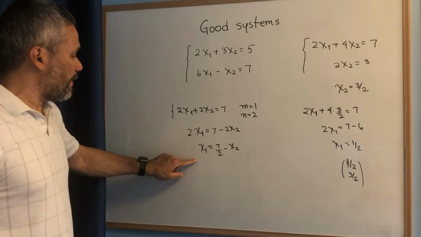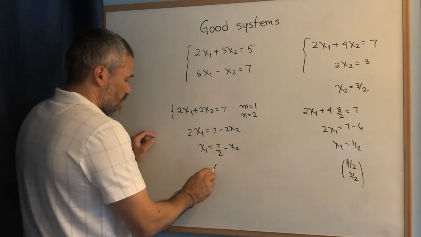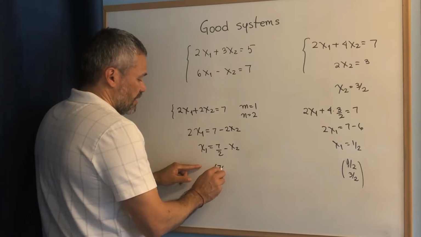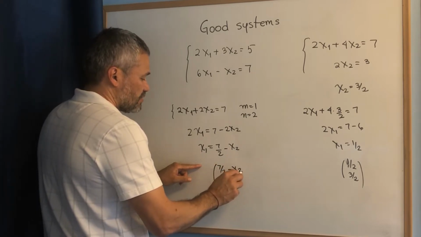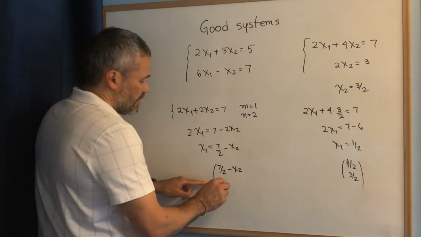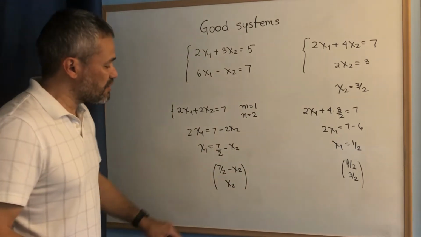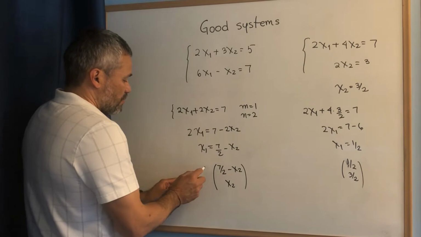Then I can write the solution like this. x1, which is the first entry, is 7/2 minus x2, and the second entry is just x2, to indicate that x2 is free to be anything that you want.